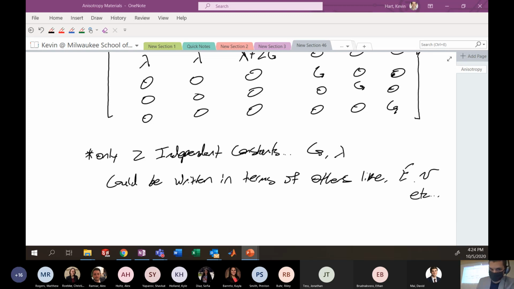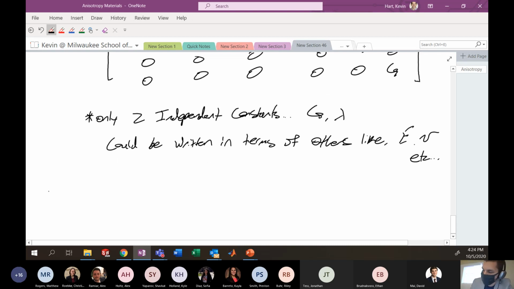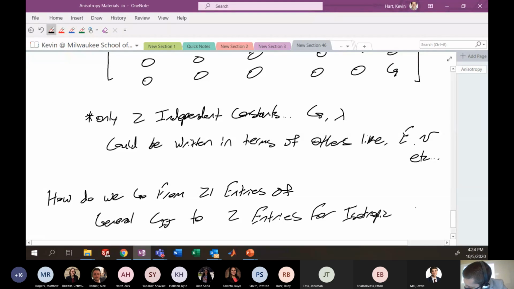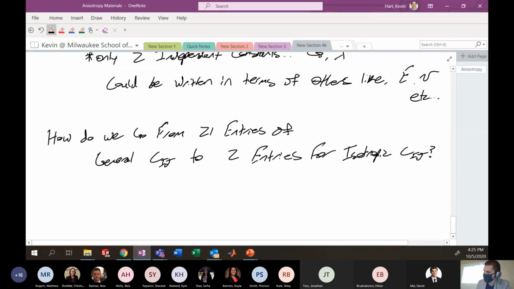Well, we do that by using planes of symmetry and planes of isotropy. And the answer here is planes of symmetry and isotropy.